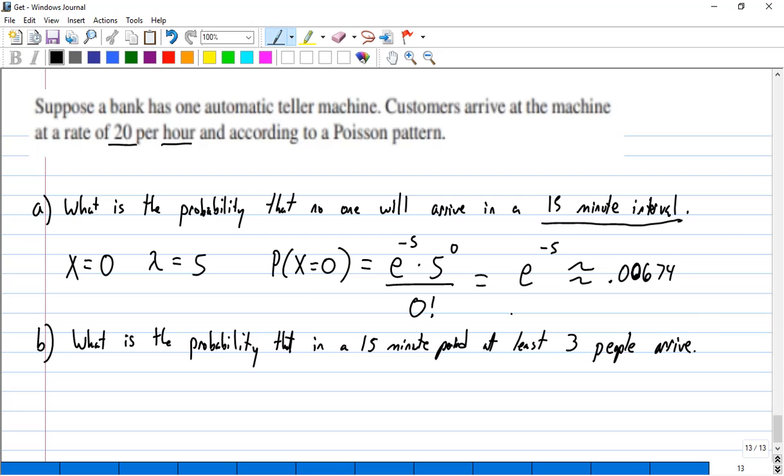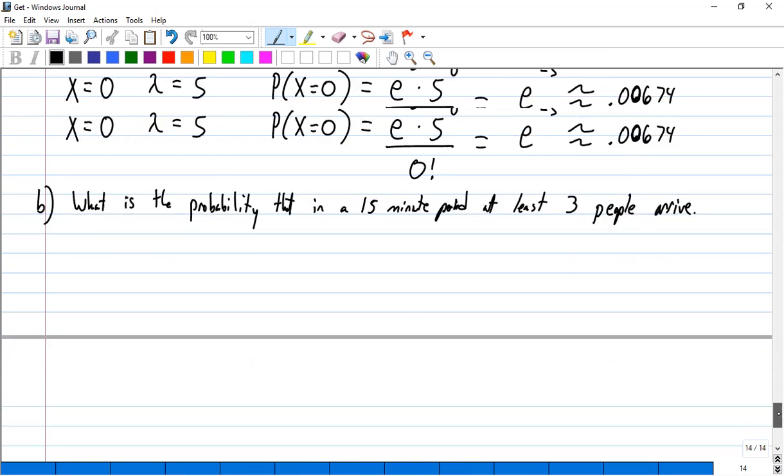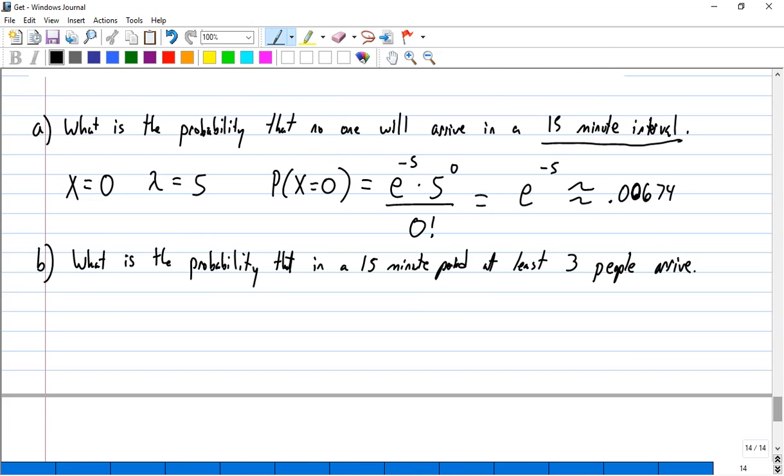Now there's one problem with the problem, if that makes sense. Because we're not limited with the number of people that could come to the machine. Realistically we are. In a 15-minute period, 5,000 people can't use the automated teller machine, right?